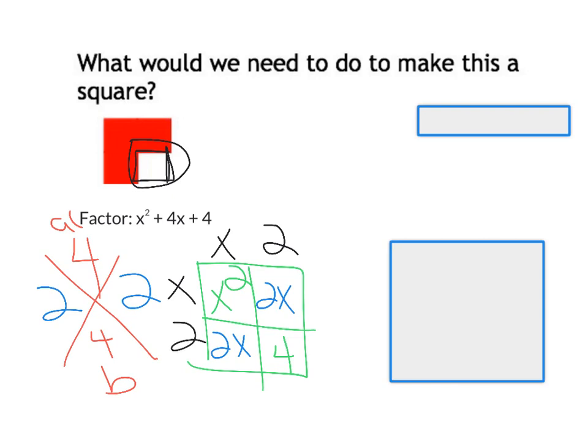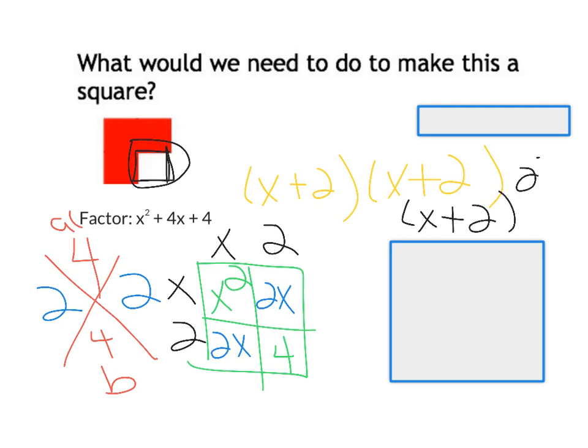So this polynomial factors into the quantity of x plus 2 times the quantity of x plus 2. Well, since these are both the same, I can rewrite it as one single polynomial of x plus 2 squared.